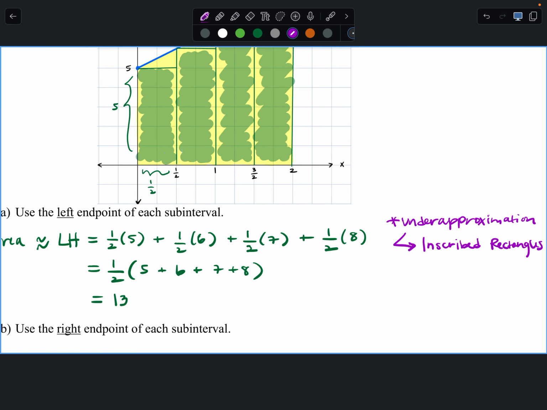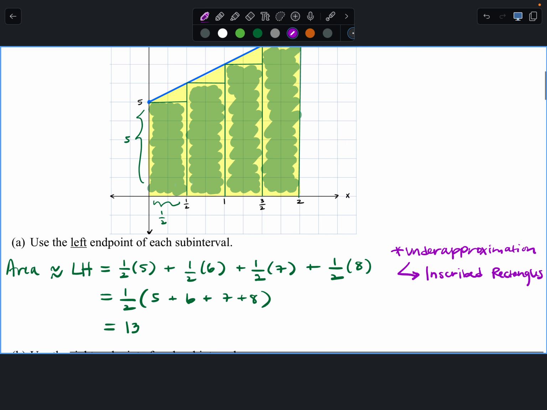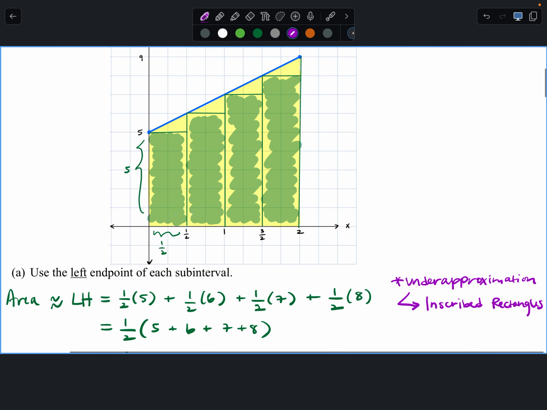When we talk about using inscribed rectangles, it means that on each subinterval, to find the height of the rectangle, we're using the smallest function value on each subinterval, which in this case corresponds to the left endpoint of each subinterval, because that's the smallest one. Why is it the smallest? The slope is positive, because the function is increasing on each of these subintervals.